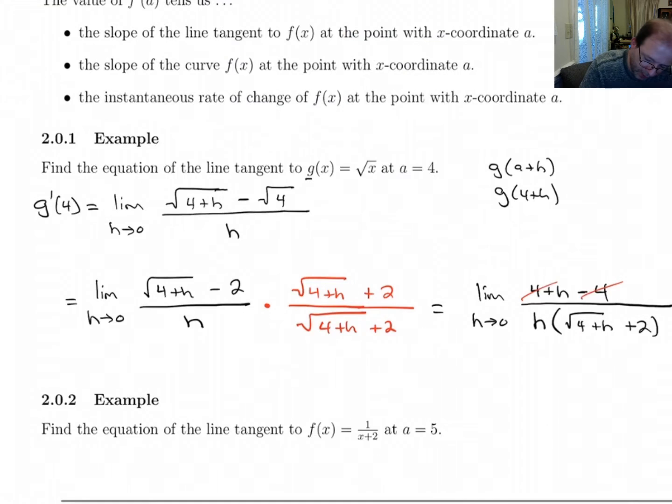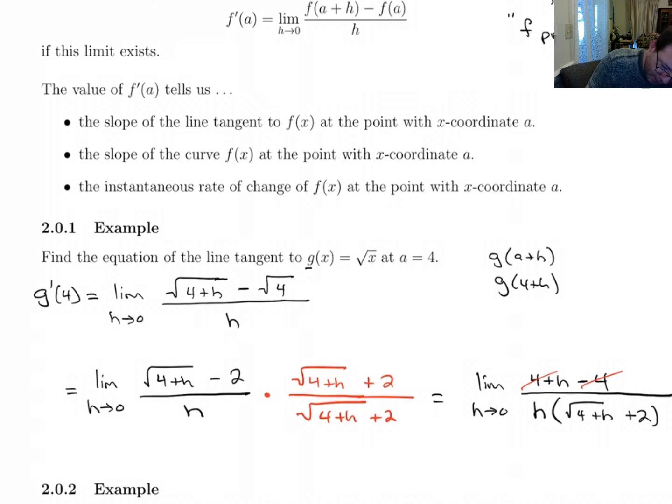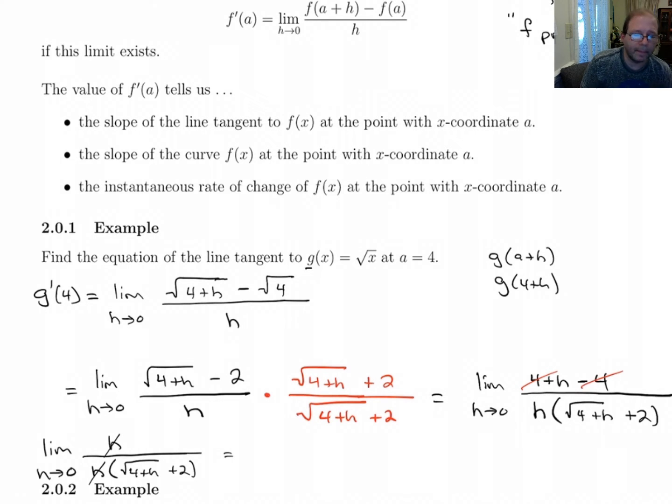And so I'm left with the limit as h goes to 0 of, on top I've got h, on bottom I've got h times square root of 4 plus h plus 2. And I can cancel these and it leaves me with a 1 on top.